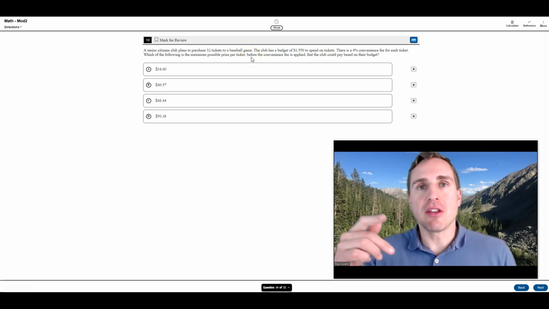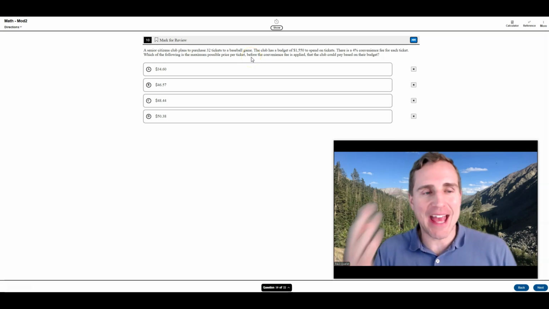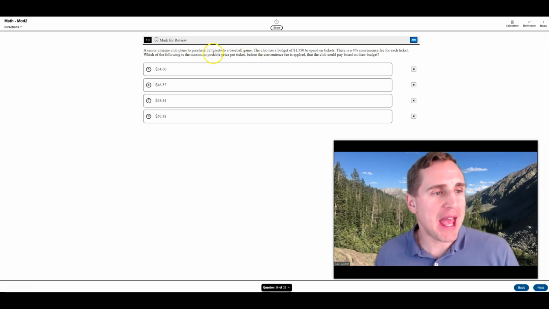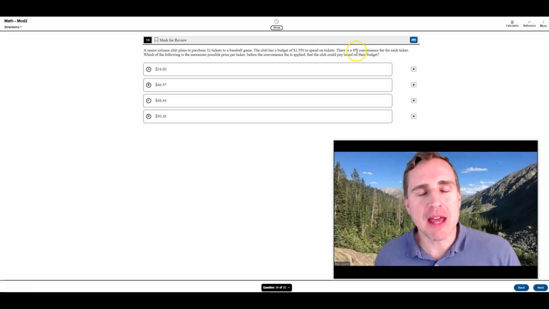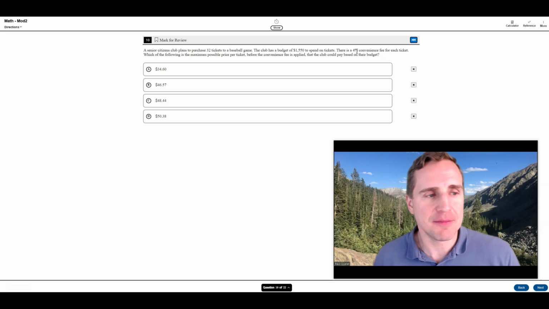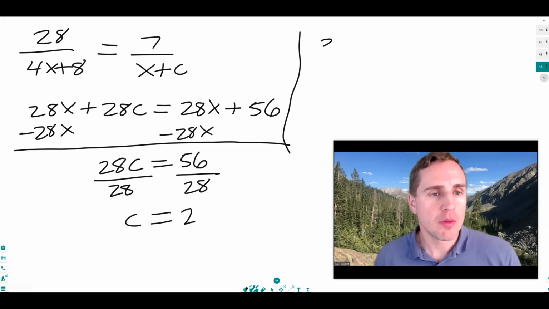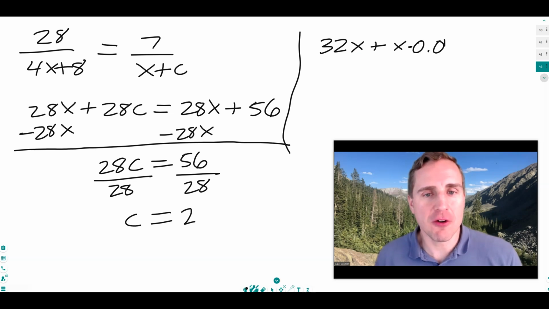So let's imagine the retail cost of a ticket is X. So it's going to be X times 32, but then we also have to add 4%, which is 0.04. So what I'm saying is 32 times X plus X times 0.04.